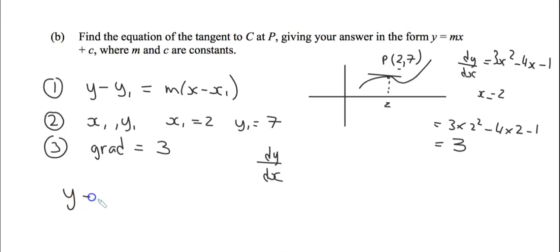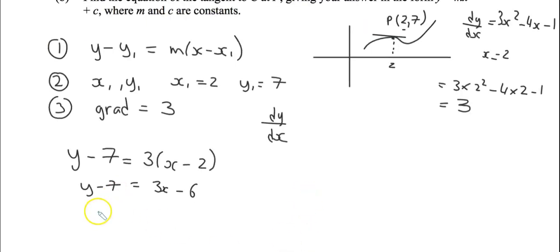So y - 7 = 3(x - 2). We could simplify that. So expanding that out, that's going to be 3x - 6. And then if we add 7 to both sides, we're going to get y = 3x + 1.